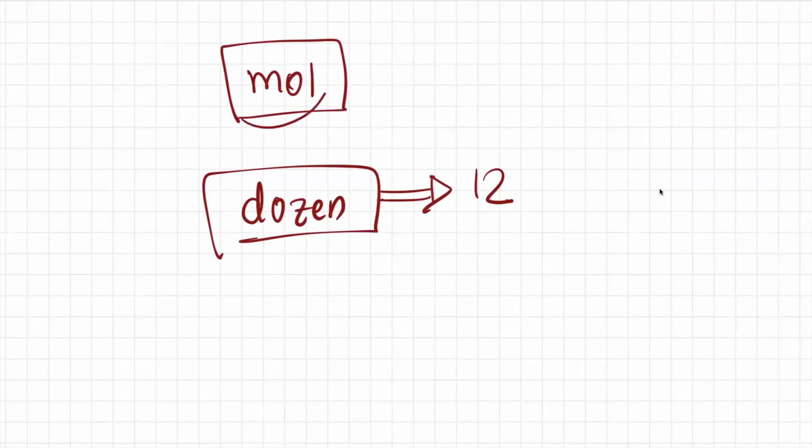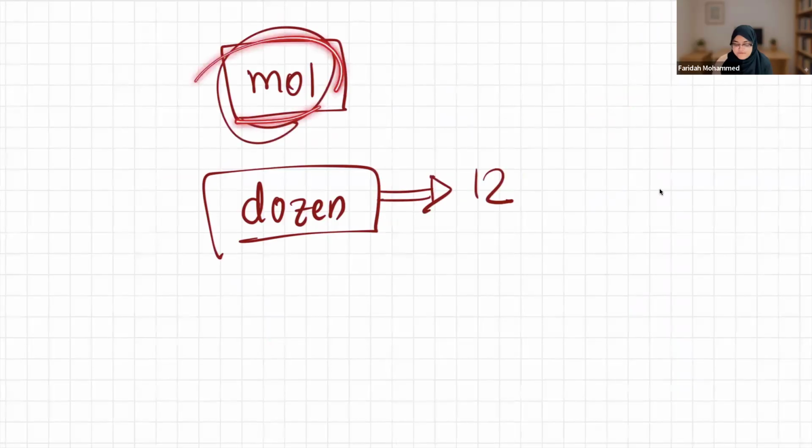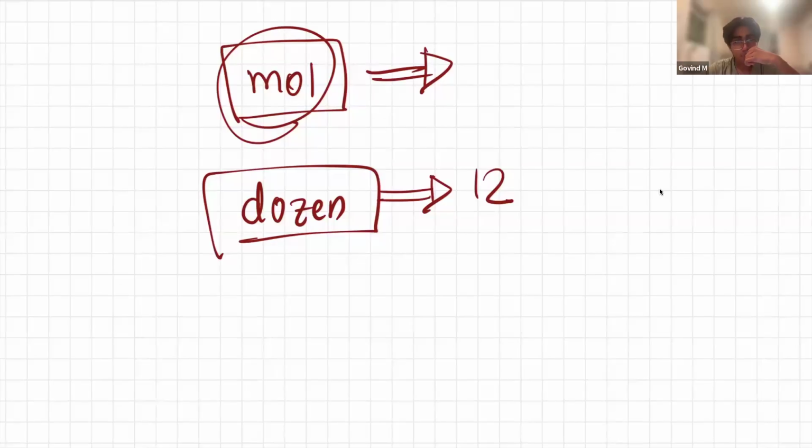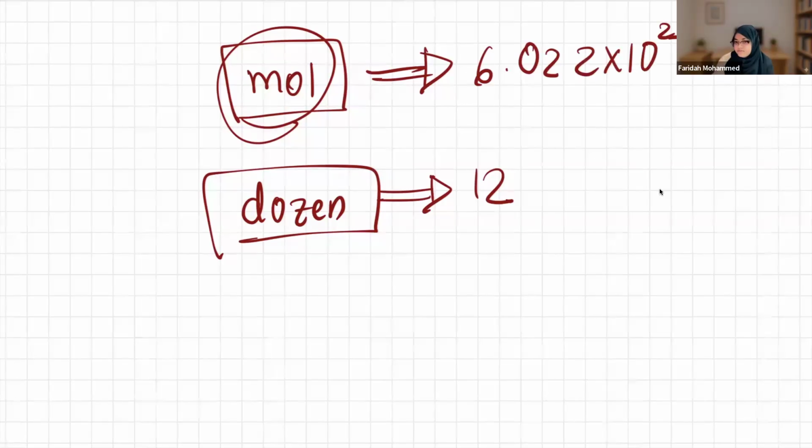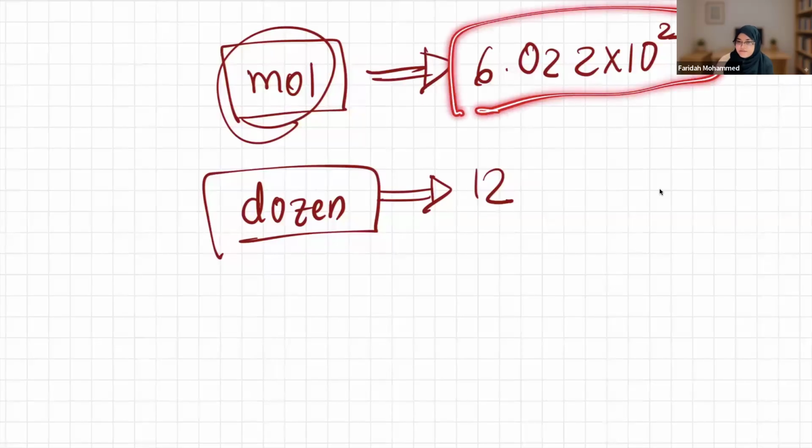So what is a mole? A mole, just like a dozen, is a word that signifies a number. And what is that number, Govin? It's 6.022 times 10 to the 23. Yes, and this is a mole. This number is so special that there is even a name for it.